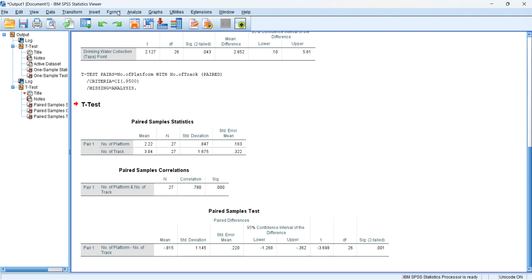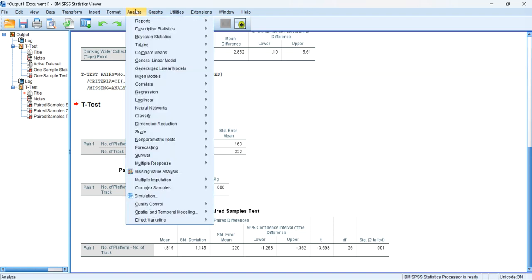The null hypothesis is that there is no significant relationship between the number of platforms and the number of tracks, but we found here a significant relationship, so there is an alternative hypothesis.